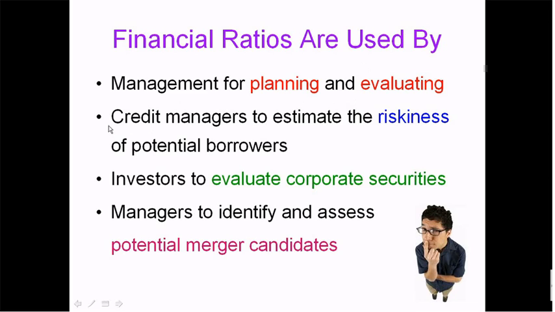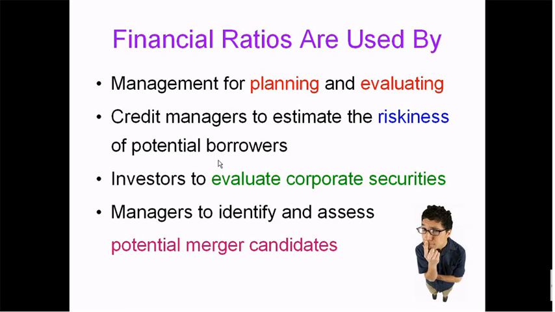Right, so secondly, we have credit managers. Credit managers estimate the riskiness of potential borrowers. Now, if a firm needs to borrow money from a bank, the bank doesn't just easily allow you to borrow, right? The bank may have to evaluate your company, evaluate the riskiness of the potential borrowers. They have to look at your ability to pay back.